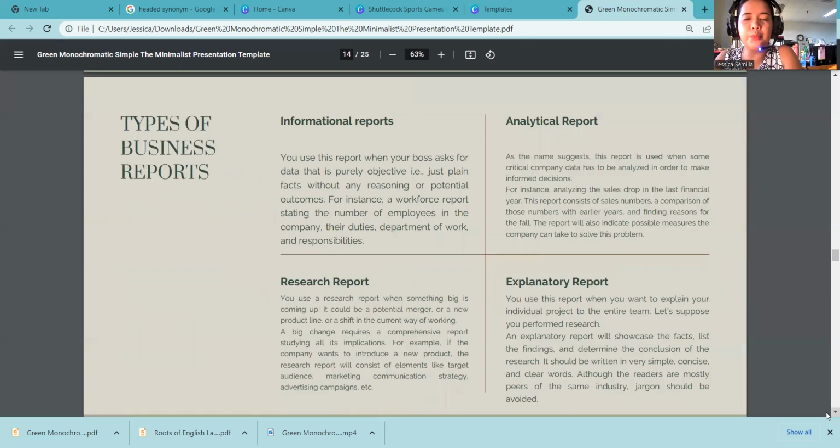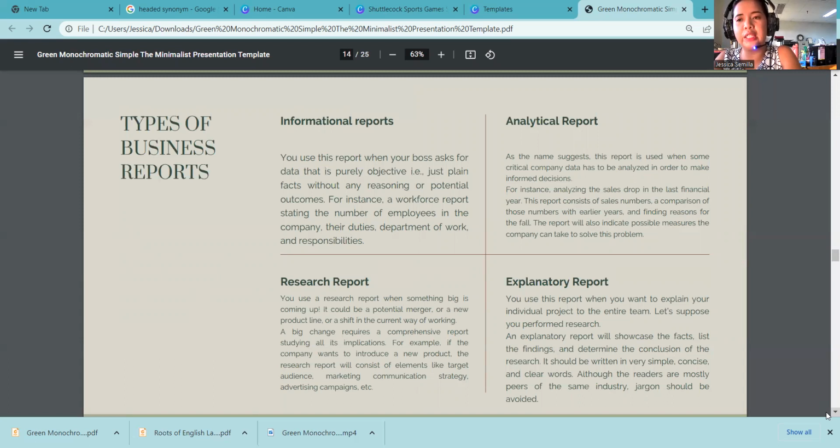We do have different types of business reports. The first one is the informational report. When we talk about informational report, this is basically a report wherein a specific information is asked for in the report itself.